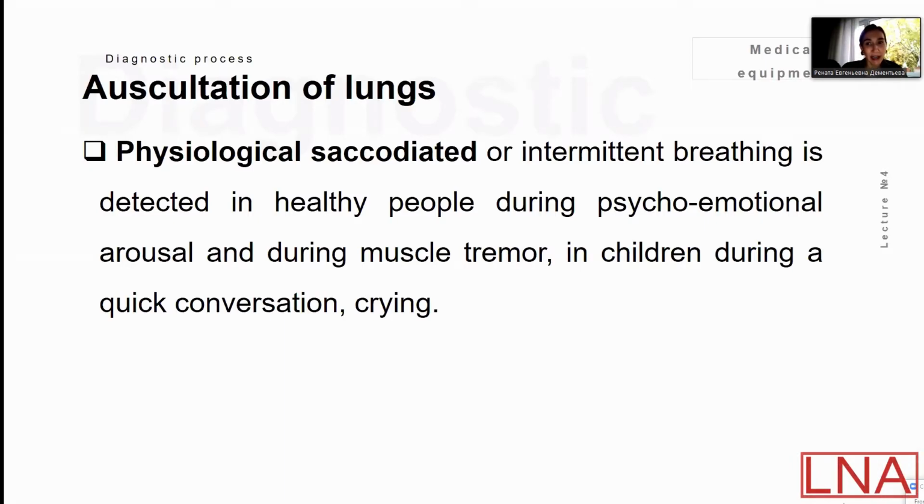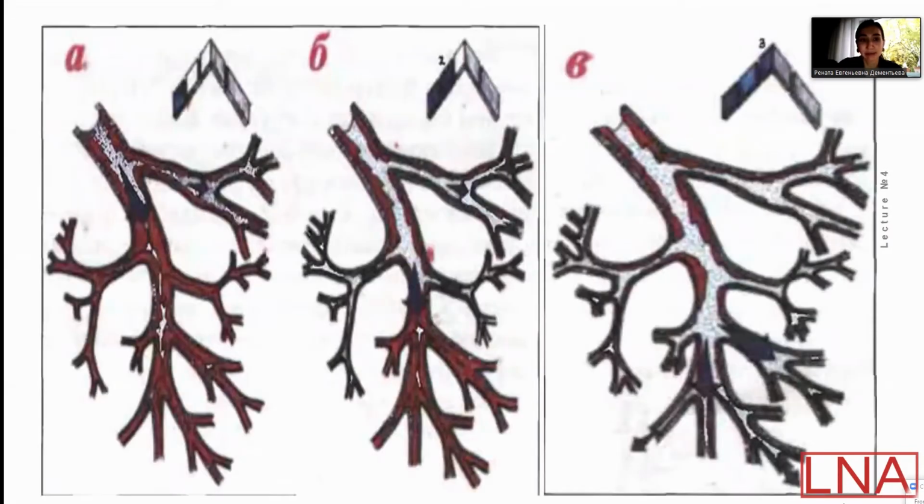Due to the cry of a small patient, it works like saccadic breathing: one push of air, then another push into another region, with a small pause between pushing of the air into the lungs. So, saccadic or intermittent breathing.